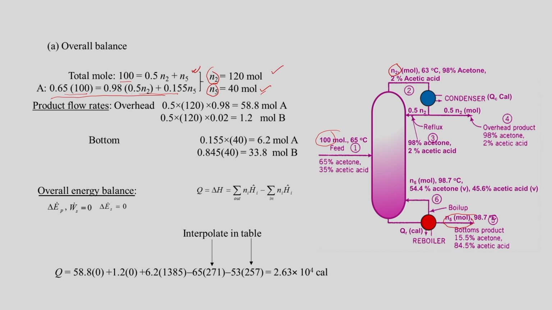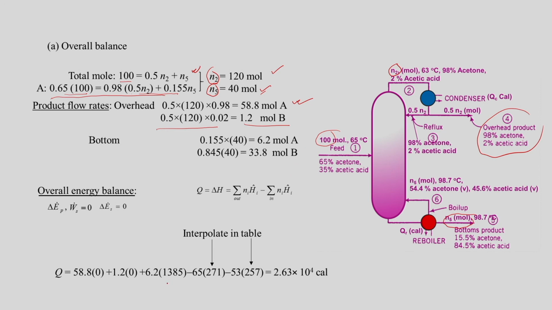So, the product flow rates at the overhead stream will be 0.5 into 120 into 0.98, which is equal to 58.8 mole A, and B will be 0.5 into 120 into 0.02, which is 1.2 mole B. And at the bottom, what will be the amount of mole A and mole B?